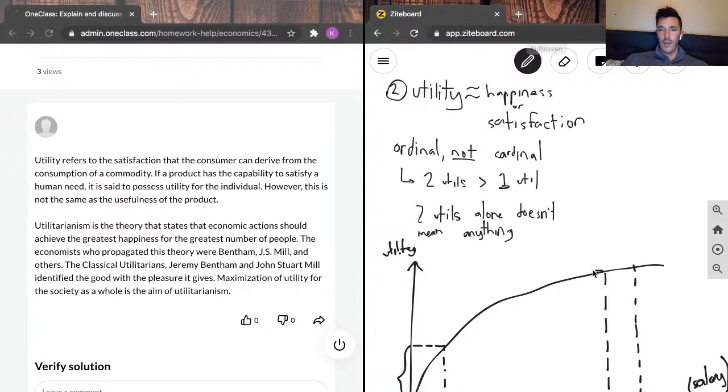So while it might make you a little happier, maybe you can, I don't know, buy a new sports car you've always wanted a little sooner. It's really not going to make too much of a difference to your happiness because it doesn't fundamentally change the way you live. Whereas when you're on the lower end of the salary scale, a raise of that amount is going to make a very big difference, a very big change to the way you live.